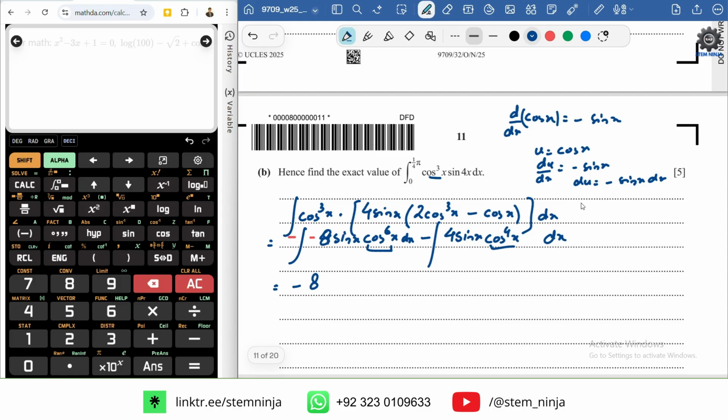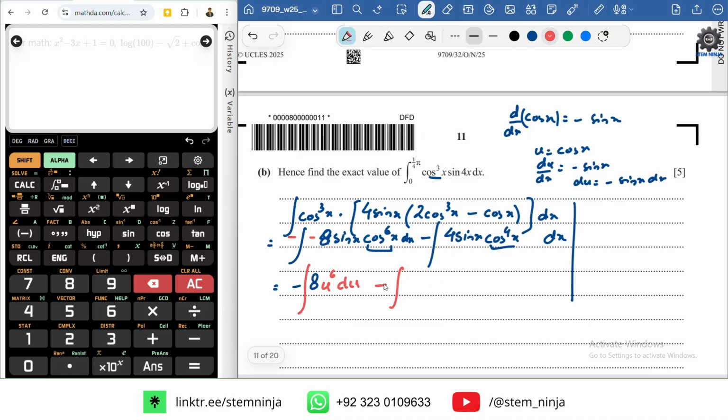So this would be, just to show you one way, 8u to the power 6 du minus a, this is going to be handled the same way.